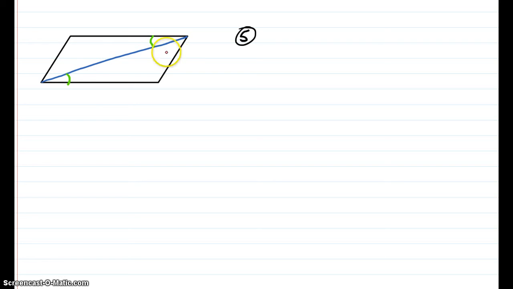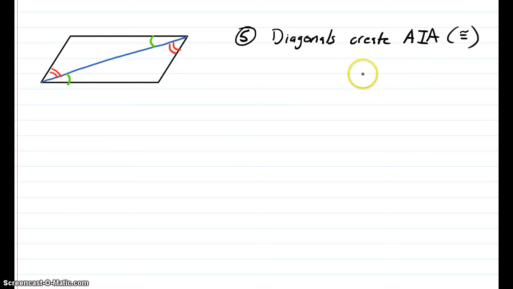And also this will be congruent to this. So the fifth thing that we need to know about parallelograms is that the diagonals create alternate interior angles, and alternate interior angles are congruent.